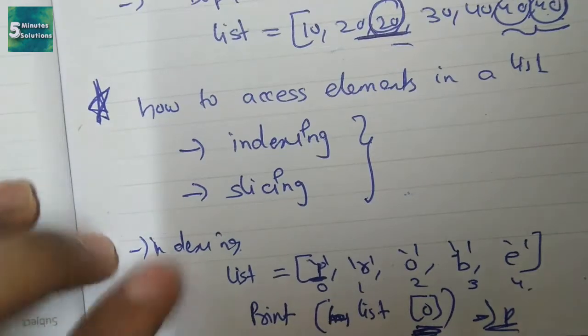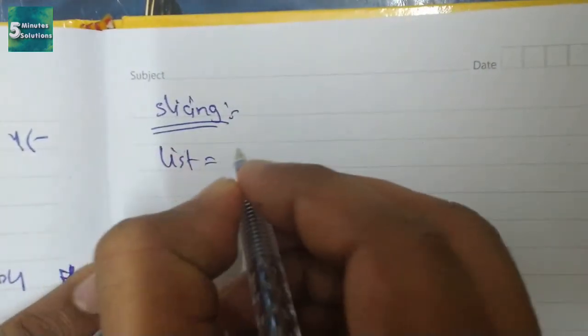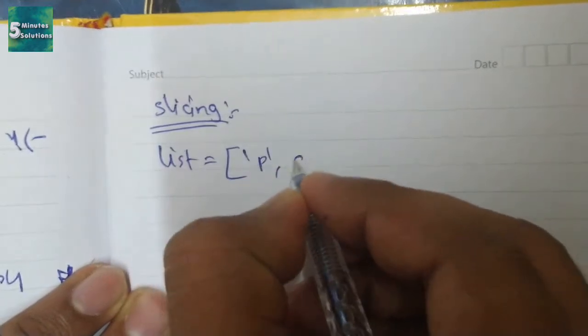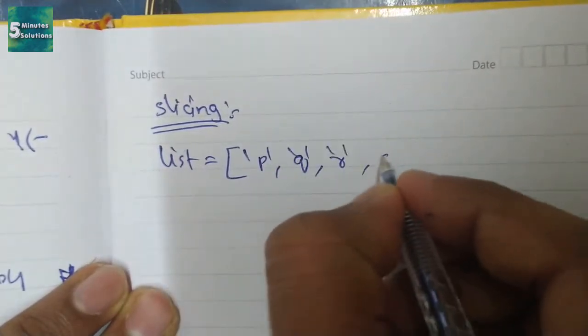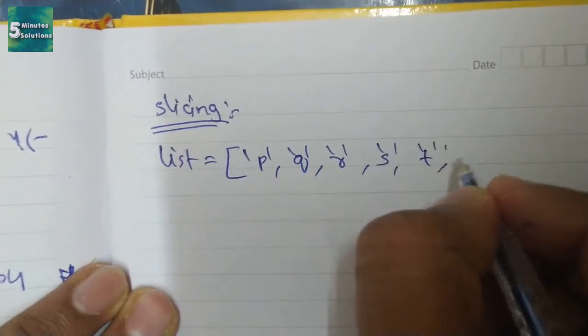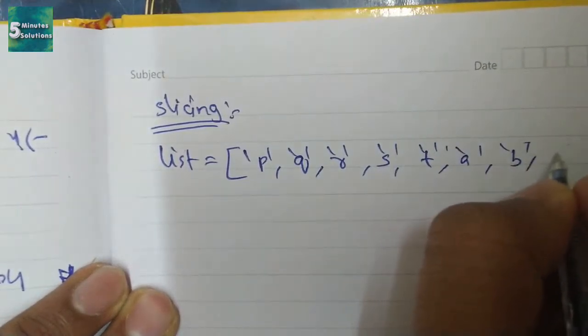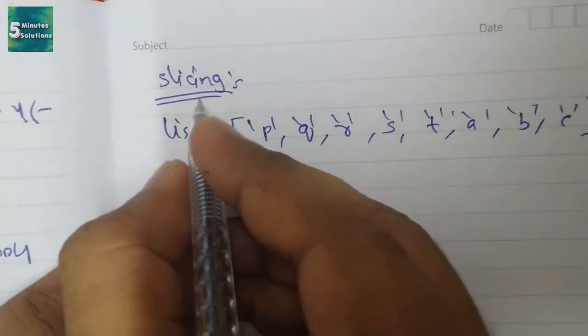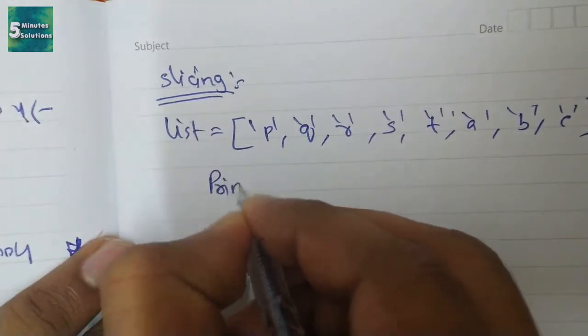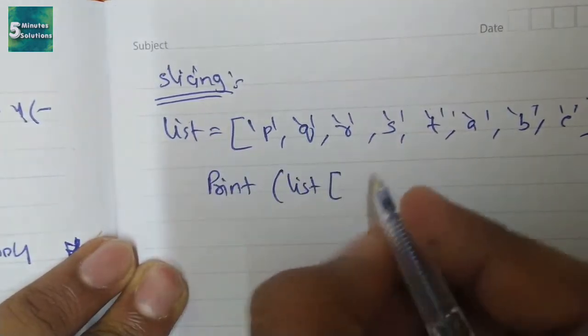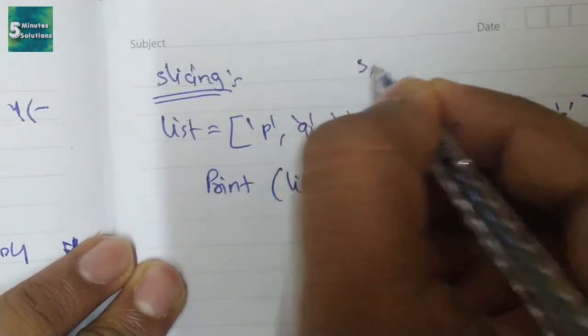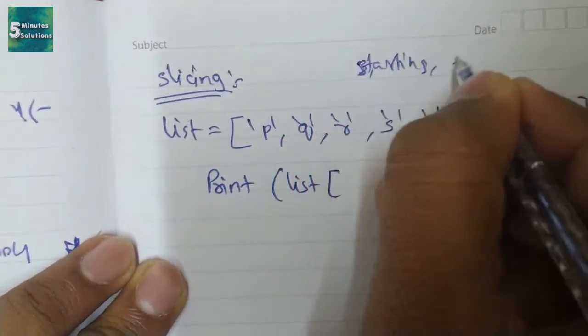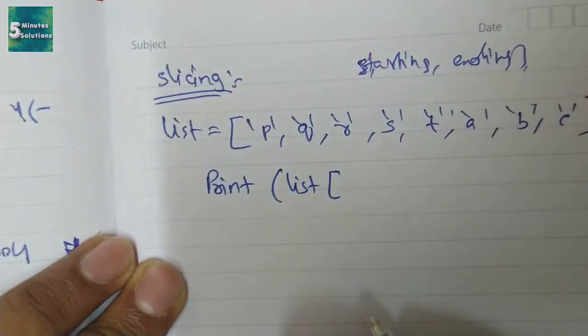Now let's take an example of slicing. Let's take a list which contains P, Q, R, S, T, A, B, C. To access elements in a list using slicing, just write print list of, and we have to give a starting and an ending point.